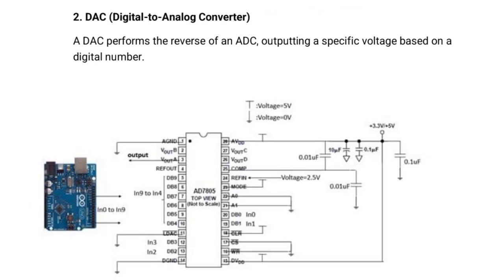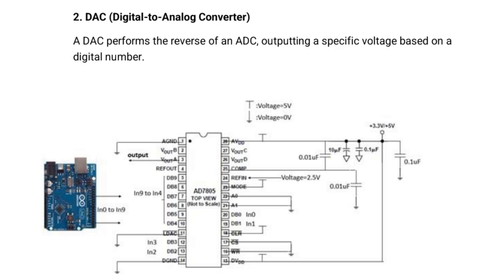The next part is the digital to analog converter. Whatever operation was done by the analog to digital conversion, the physical signals were converted into digital. Now the digital to analog converter does the reverse process of the ADC.